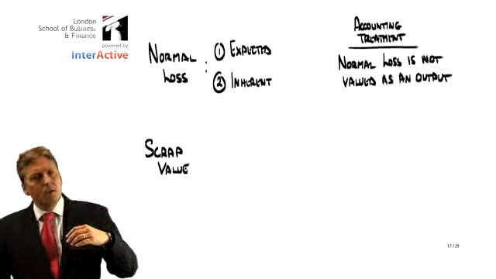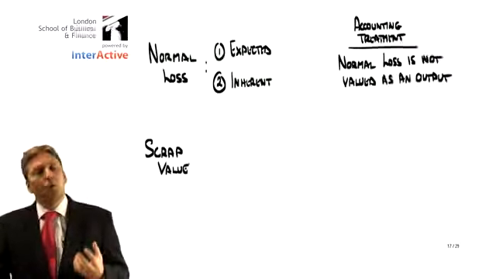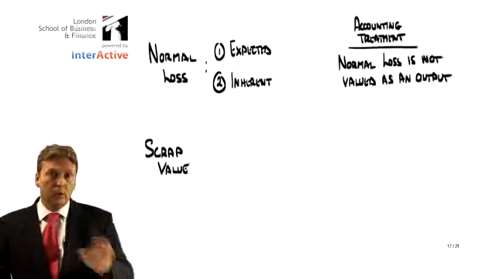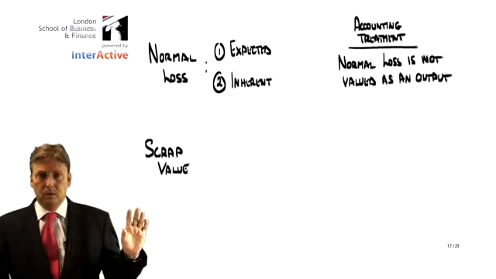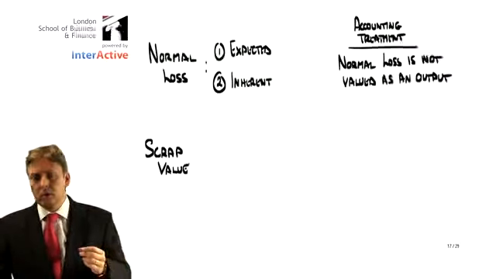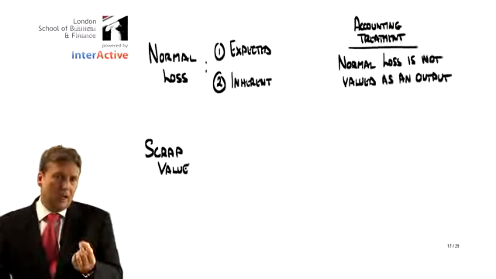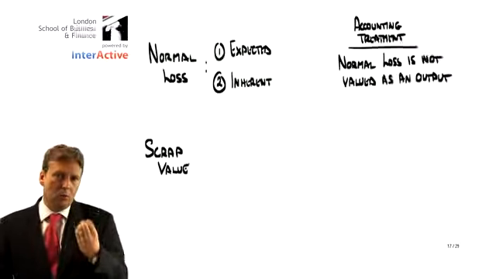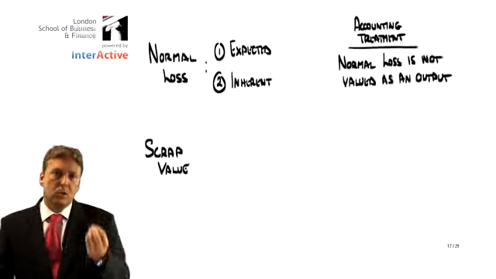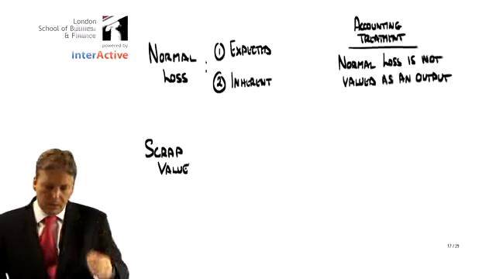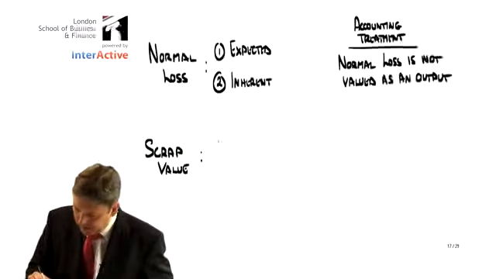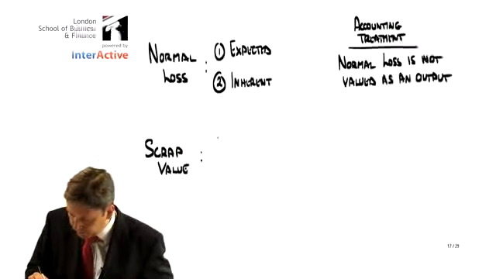You see, in the first example, we looked at a situation where the normal loss just disappeared. But in many examples, although the litres are lost as good output, they still have some worth, some reduced worth. This is what we describe as scrap value.